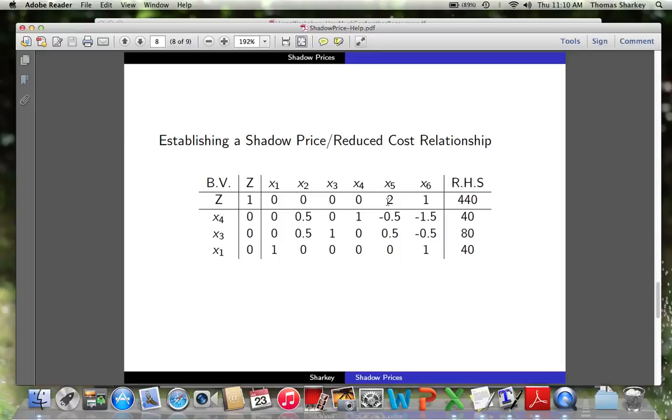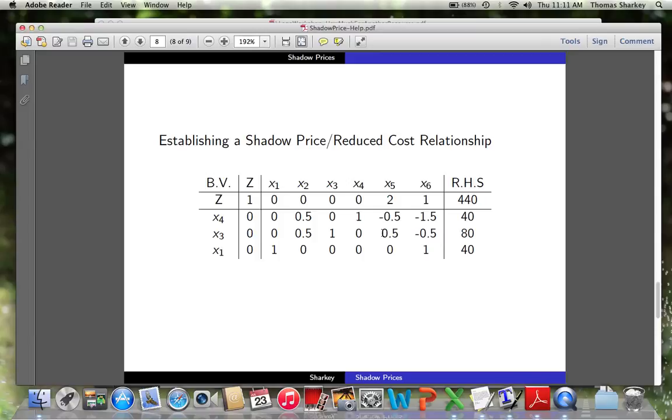Decreasing x5, I'm really increasing the objective by 2. I end up decreasing x4 at a rate of 0.5 for every one unit increase in x5. And for x3, I'm increasing x3 by 0.5 for every unit decrease of x5.